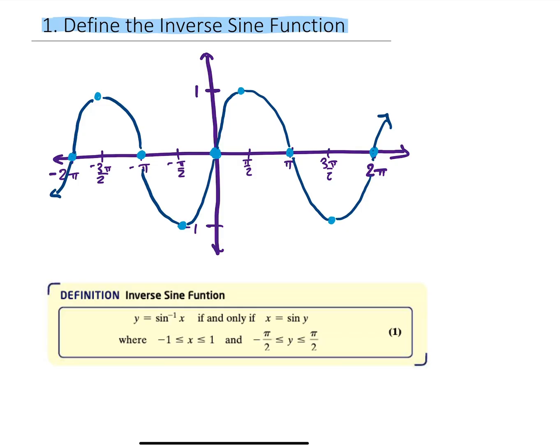We can just take a slice of this function in order to produce a subset that is invertible. And so there's different areas that we can slice the domain, but typically we take this interval between negative pi over 2 and pi over 2. Let's imagine this subsection here.